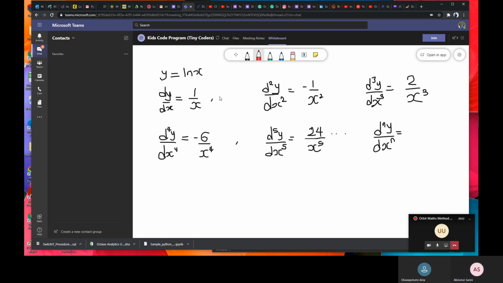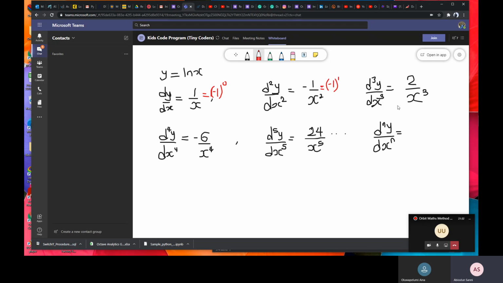It means first of all your signs are fluctuating. So I can say this is equal to -1 to the power of something, because of that fluctuating pattern. So -1 to the power 0 is 1, right? Yes. So I can start from this being 0. Now this one I can say is -1 to the power 1, because I'll be increasing the number as the derivative increases.